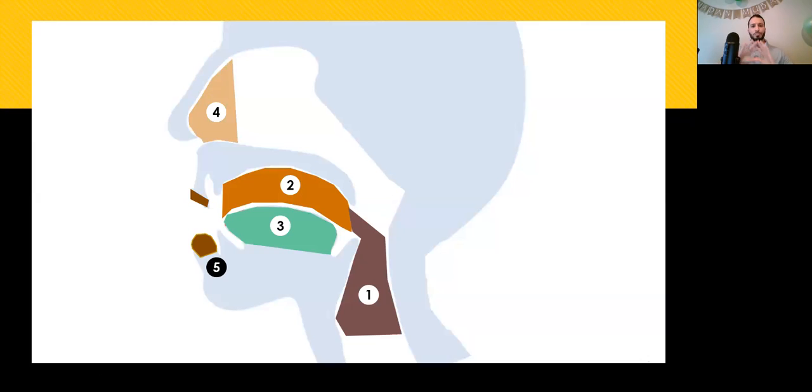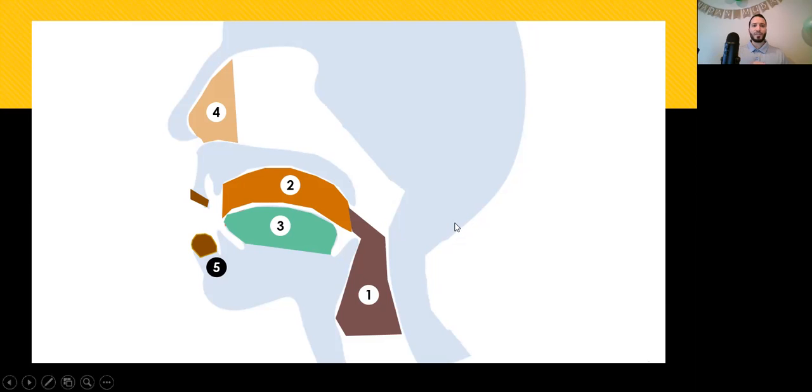Here, I tried to clean everything out and simplify it to the maximum so that we only have the five basic areas where letters are pronounced from.